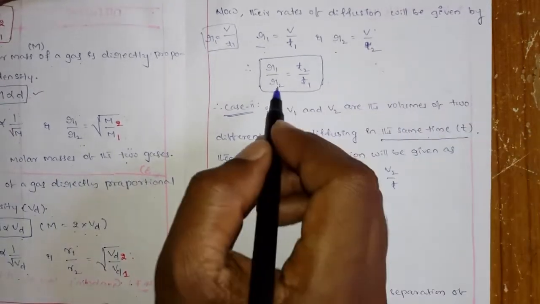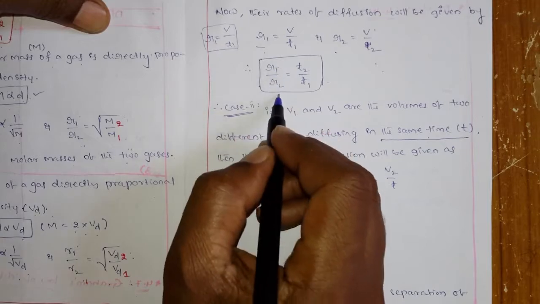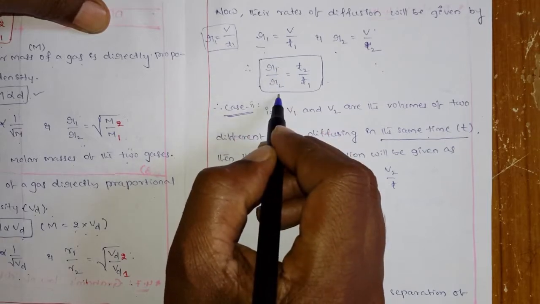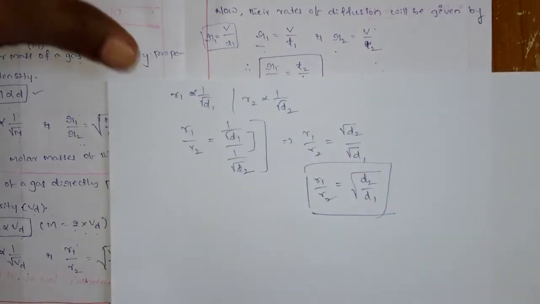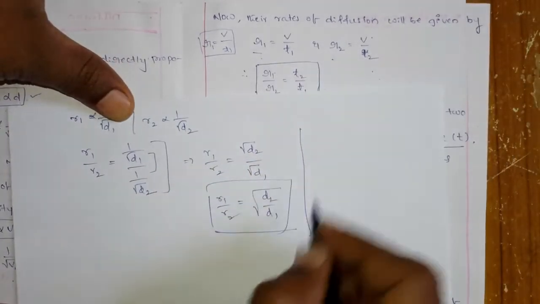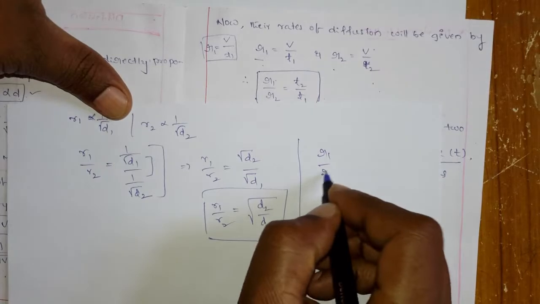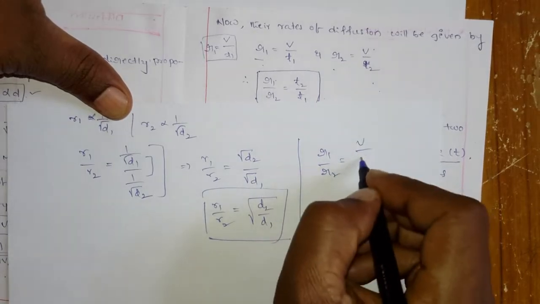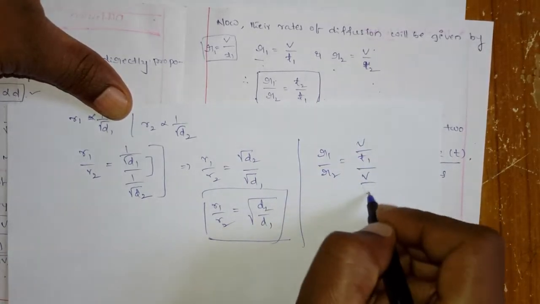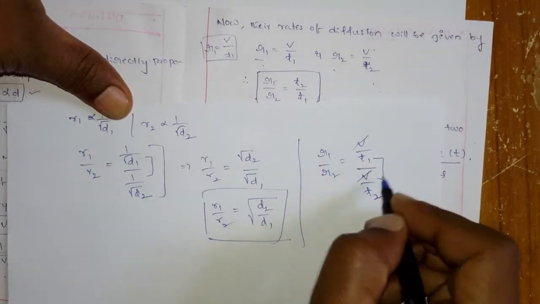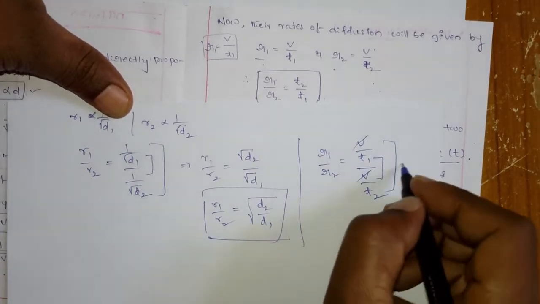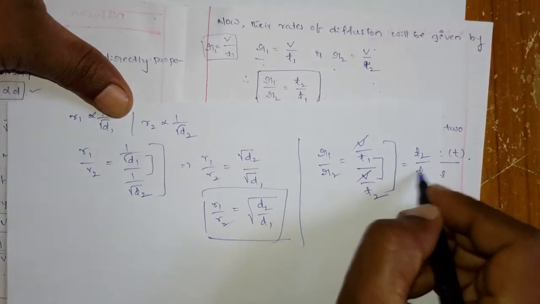Now when you take the ratio, R1 by R2 is equal to V by T1 divided by V by T2. V and V will cancel, so finally you get only T2 by T1.